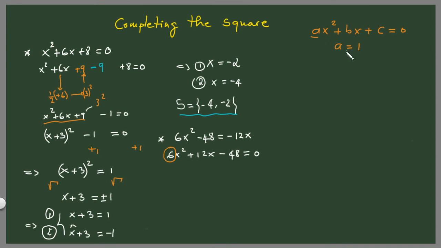Only under this condition can we solve the equation, either by completing the square or the discriminant. So we need to divide by 6 here. So we're having 6 times x to the 2 plus 2x minus 8, and the whole thing equals 0.